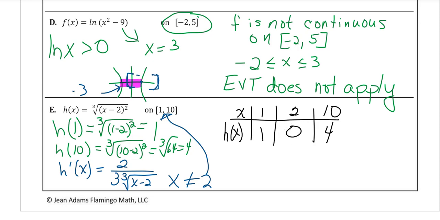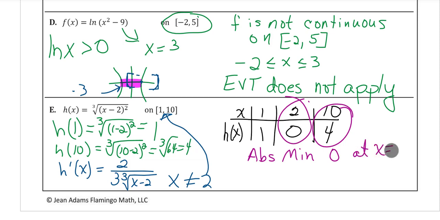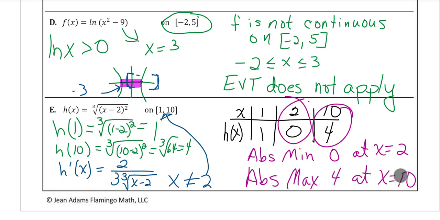All right, so like we did in the one at the beginning, here is our largest value, here is our smallest value, so our absolute min is 0 at x equals 2, and our absolute max is 4 at x equals 10.